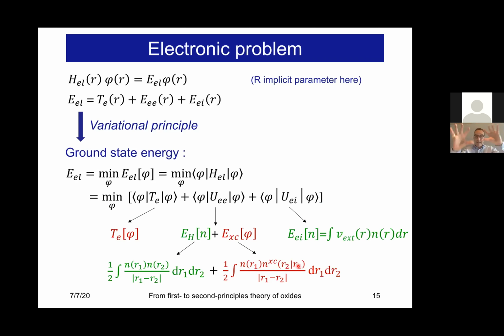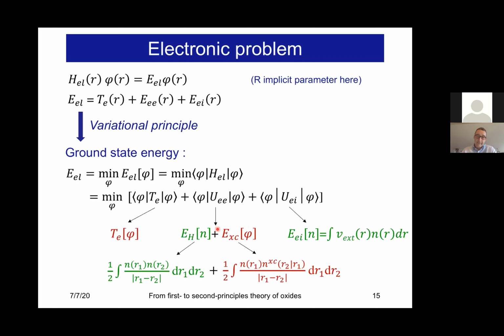Of course, this exchange correlation hole integrated over space will integrate to -1, the electron that is in R1. But then the way the density is modified when you have already an electron in R1 is something that is a priori unknown, and that requires basically the knowledge of the many-body wave functions.